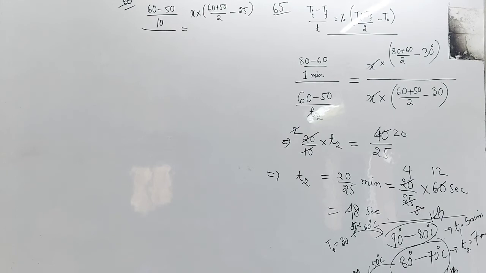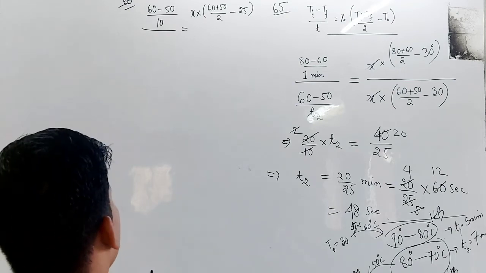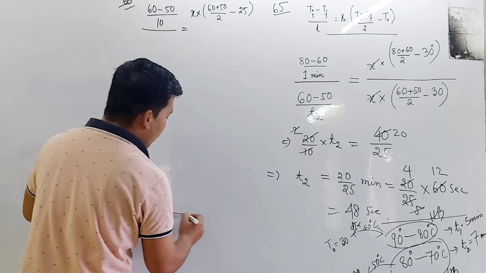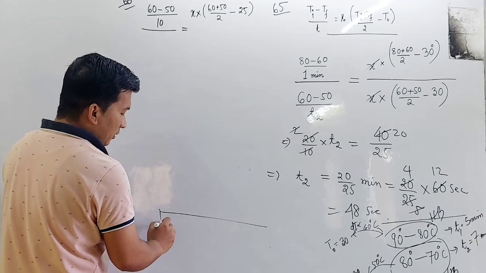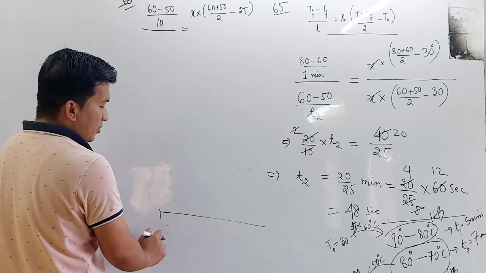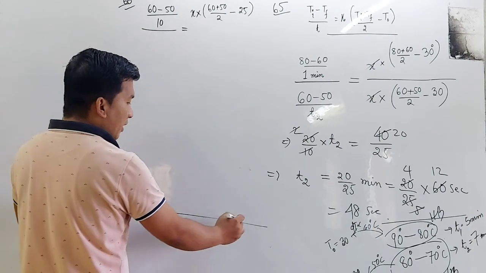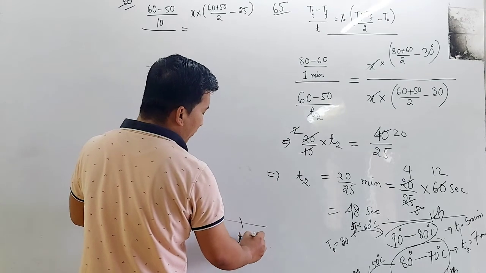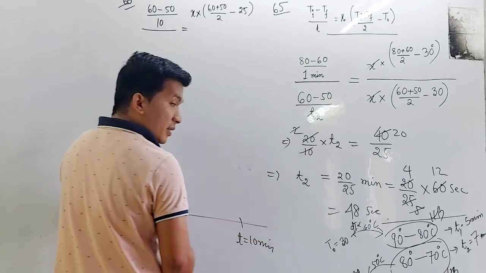After the end of next 10 minutes means we have to consider the duration from 11 minutes to 20 minutes. Understood? The starting time is t equal to 0. After the end of 10 minutes, what is the temperature change?